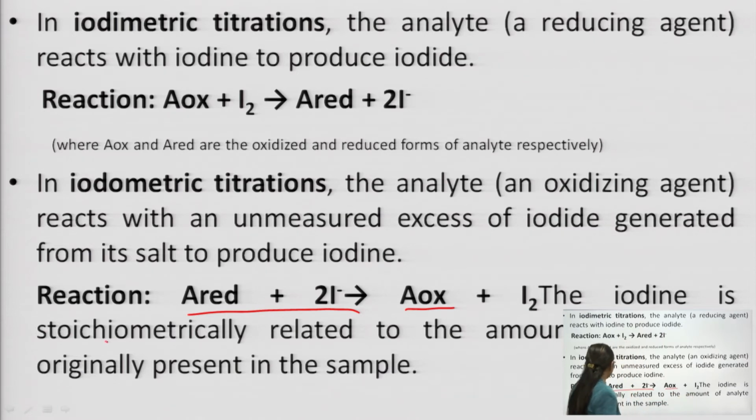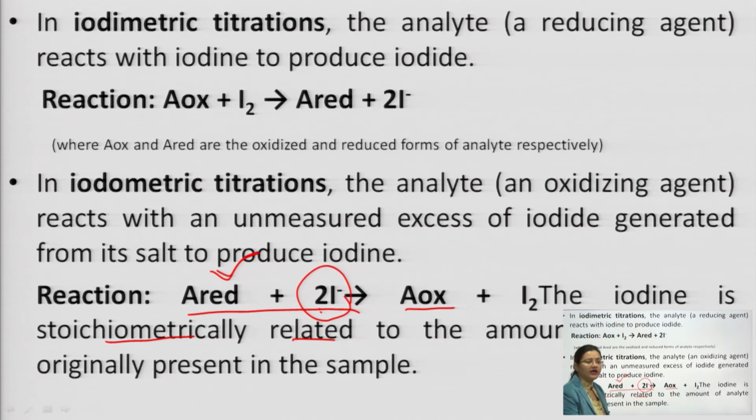The iodine is stoichiometrically related to the amount of analyte originally present in the sample. This is the iodide ion which reacts with the analyte or the sample. This is our sample. In this reaction you can see that we are not using iodine as iodine solution. It is not in I2 form, it is in I minus form, that is iodide.